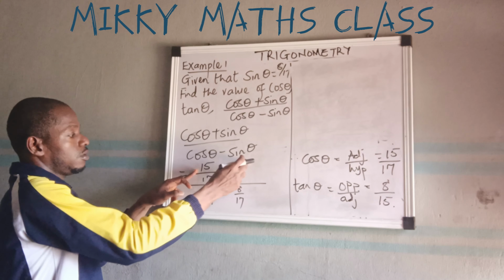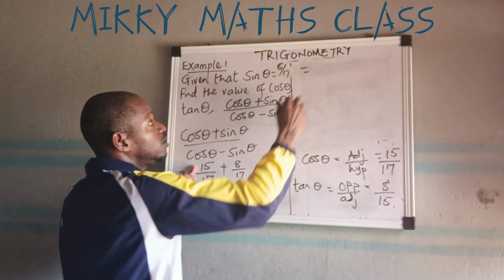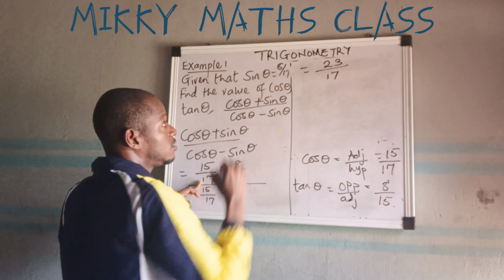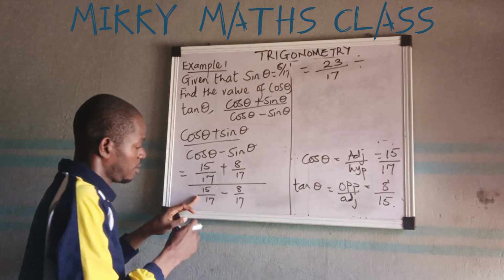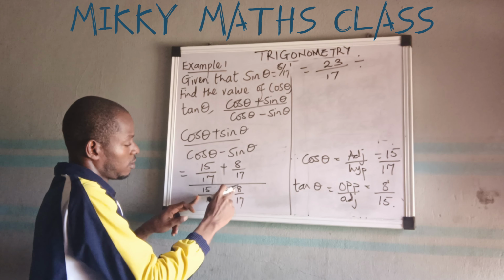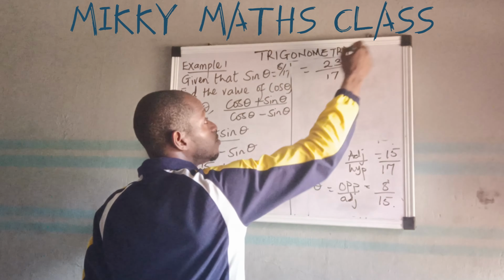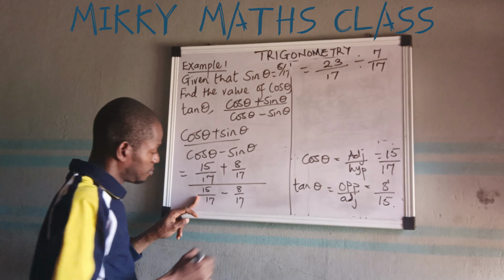So what do we do? We simplify the numerator, so this becomes 15 plus 8, that's 23 over 17, divided by 15 minus 8 over 17. That's 15 minus 8, 7 over 17.